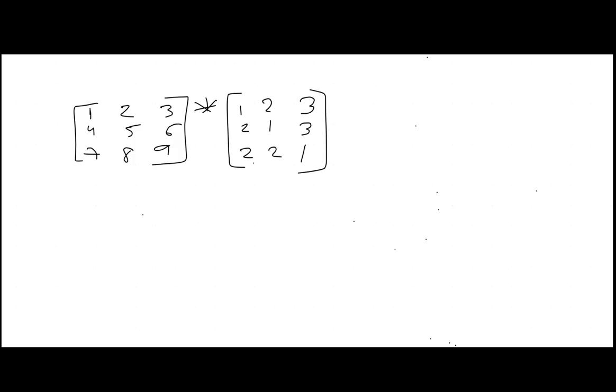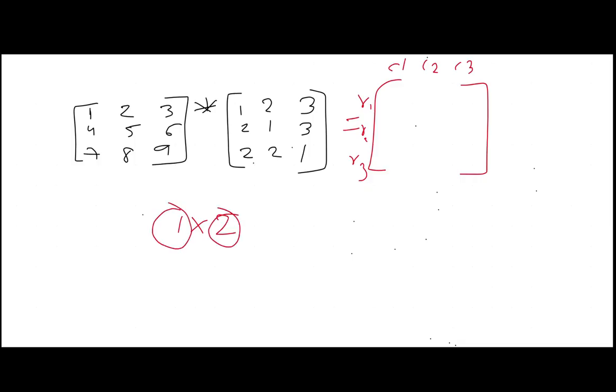We all know that these are row 1, row 2, and row 3, and this is column 1, column 2, and column 3. If I say a 1 by 2 matrix, it is nothing but 1 row and 2 columns. Our matrix here is a 3 by 3 matrix, which is nothing but 3 rows and 3 columns.